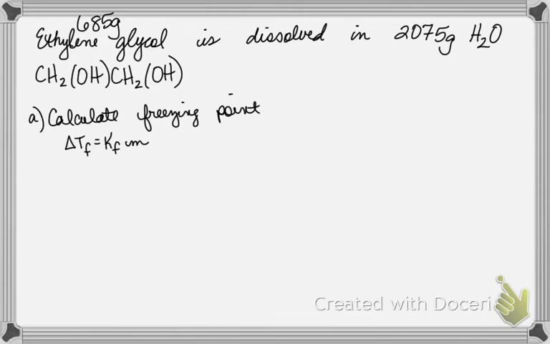So the KF for water is 1.86 degrees Celsius per molal. I got that from the table. The molality is going to be, how do I calculate the molality? Well, we know that molality is moles over kilograms. But in reference to this problem, moles of what?